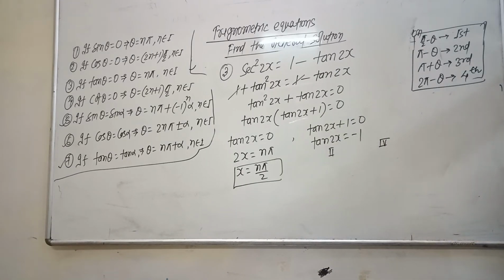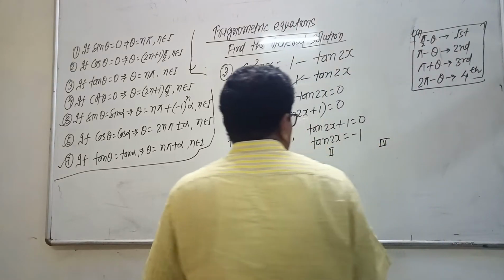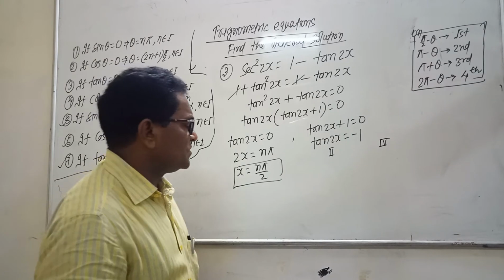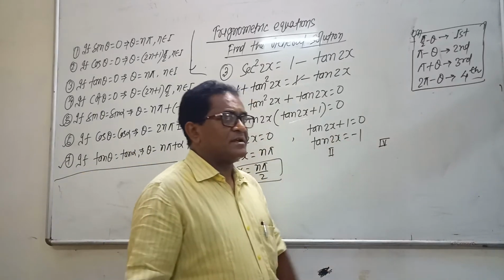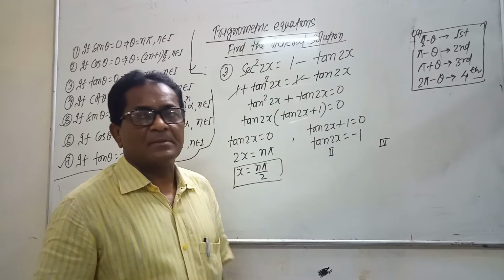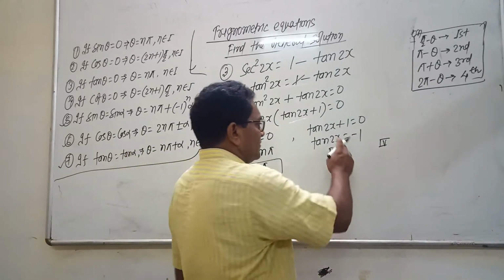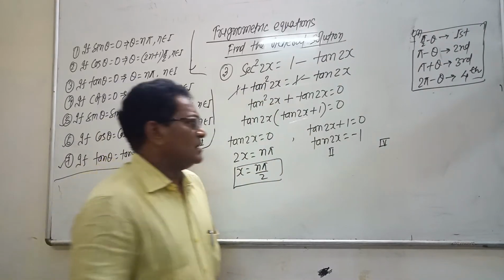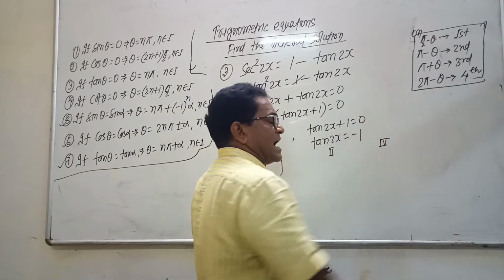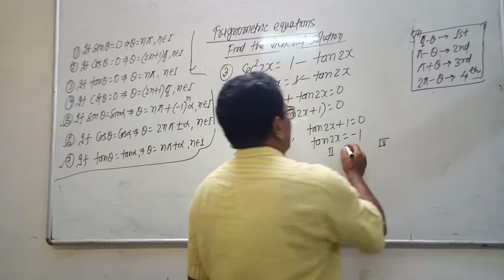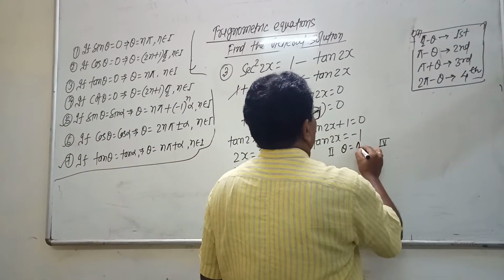For finding theta we will take the modulus value by removing the minus sign. So if tan 2x equals 1, and tan is 1 at pi by 4, the value of theta will be pi by 4.